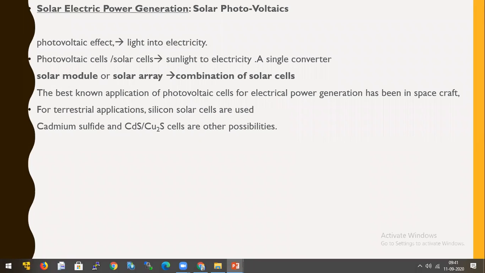This is done by means of the photovoltaic effect. This effect is the conversion of light or any other electromagnetic radiation directly into electricity. The photovoltaic effect is defined as the generation of electromotive force as a result of absorption of ionizing radiation.